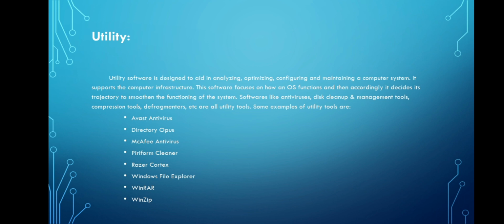Software like antiviruses, disk cleanup and management tools, compression tools, defragmenters, etc. are all utility tools. Some examples of utility tools are Avast Antivirus, Directory Opus, McAfee Antivirus, Piriform Cleaners, Razer Cortex, Windows File Explorer, WinRAR, WinZip.